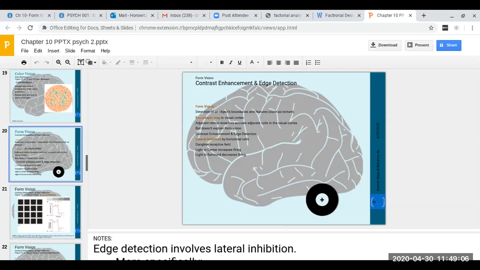Question. Dr. C has a question. How common is color deficiency of red and green? I don't know the answer overall to how common it is in the general population. I would probably venture to guess about 10% of people, but red-green is the most common color blindness of the two types, followed by yellow-blue.